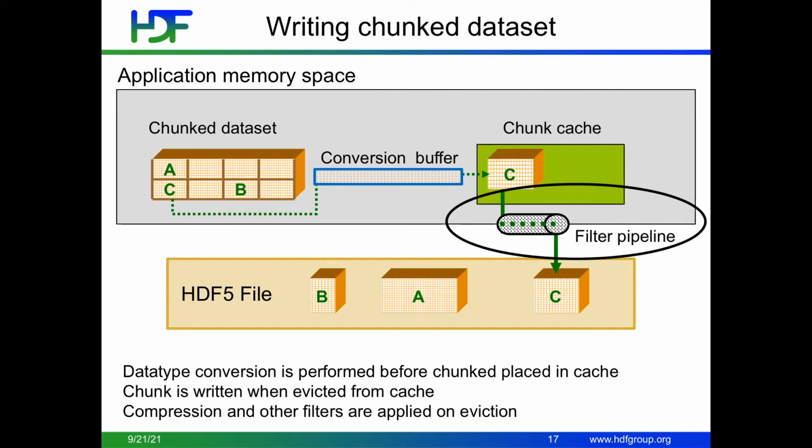When the chunk is evicted from the cache, then compression is applied and it goes to the file. So the chunk stays in memory not in the user form, but with conversion already applied. So if you do not use type conversion, you may save some time by avoiding conversion when doing I/O.